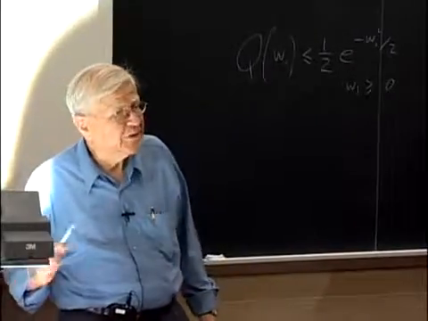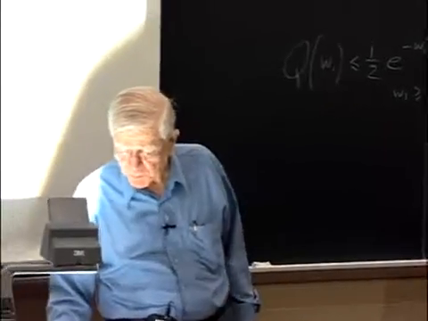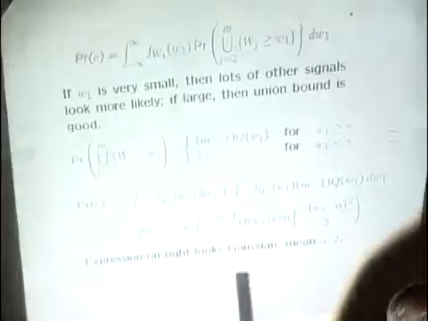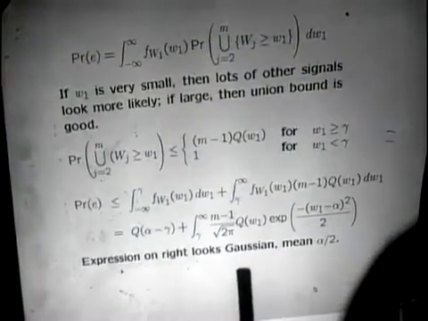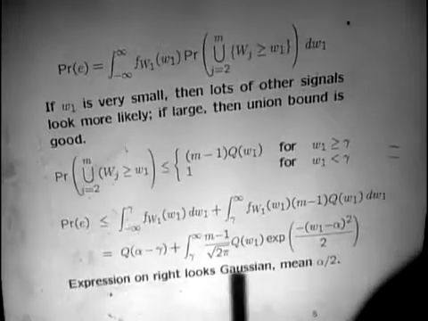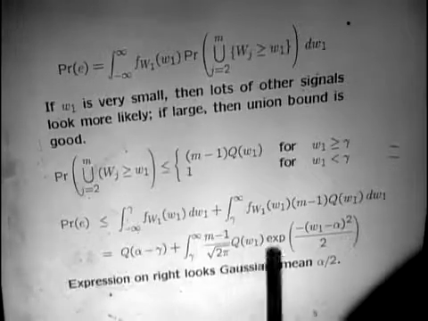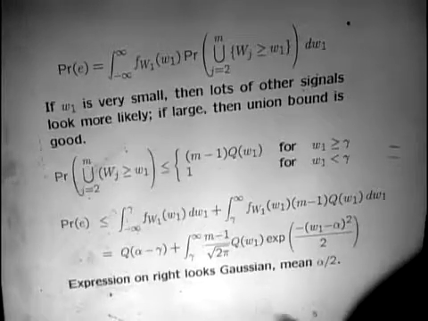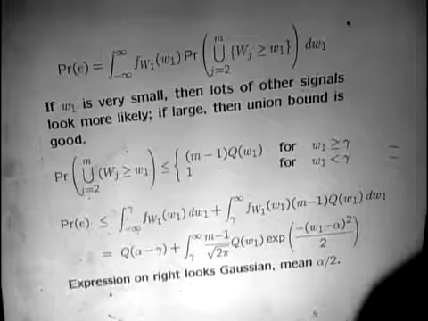And it's convenient and easy to work with. But what that says is that Q of W1, when W1 is anything greater than or equal to 0, looks very much like a Gaussian density. So the thing that you're doing here is taking one Gaussian density and multiplying it by another Gaussian density.